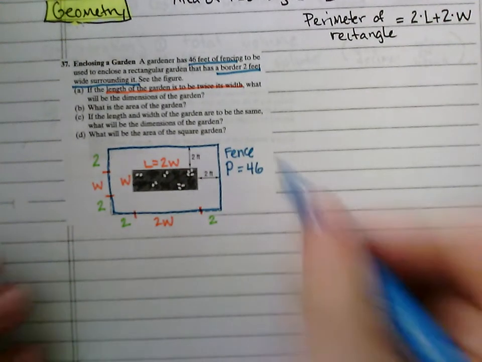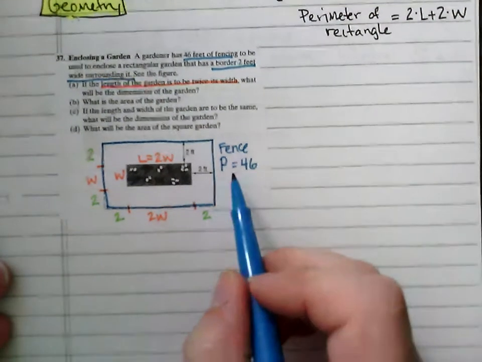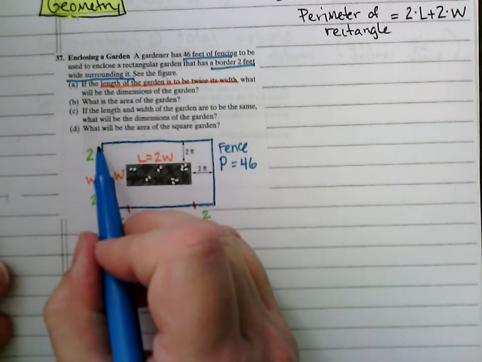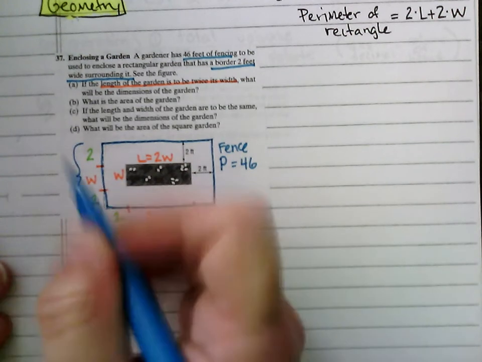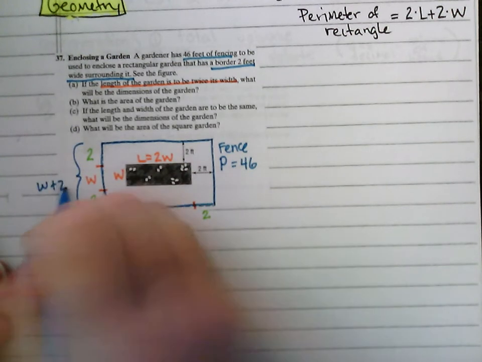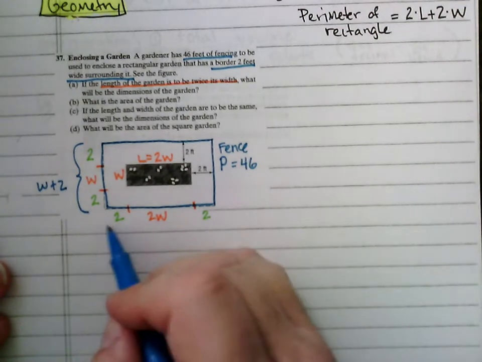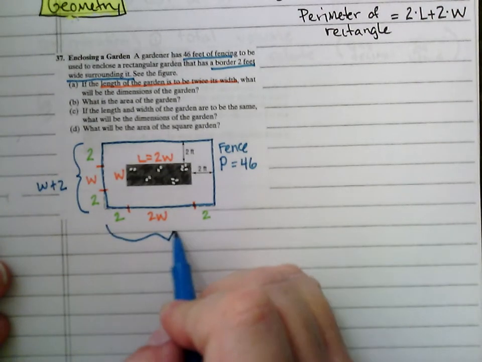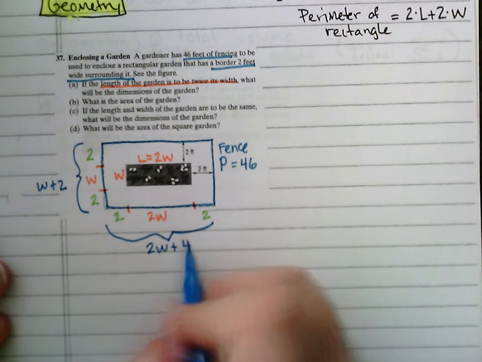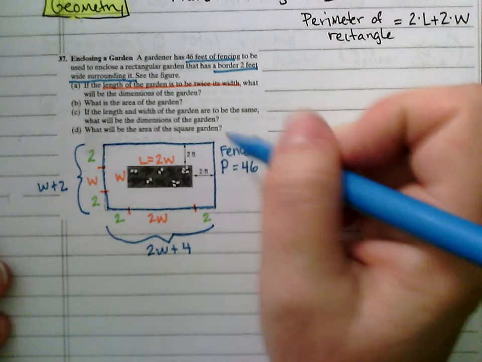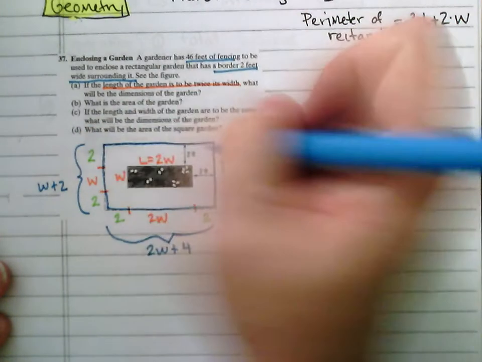So when we look at the fence perimeter, we've got to go all the way around. We have to go this side here, which is going to be W plus 2, and then the length of the fence perimeter would be 2W plus 4. And then we have another width over here and another length.